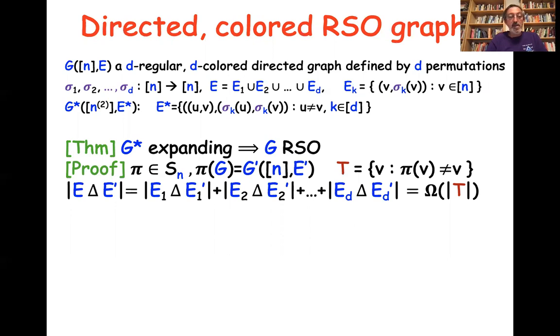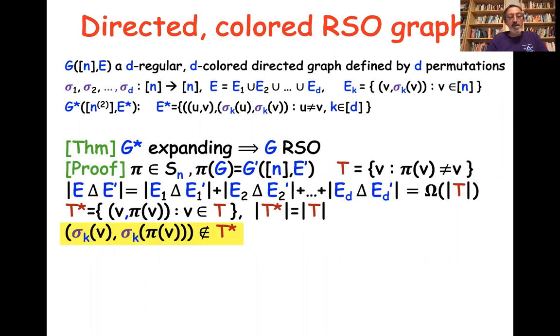So how do we do this? We look at another set, a set in G star. This is a set that is simply the pairs V, pi of V. They are not edges of the original graph. It's just a set of pairs, right? Obviously, for every V that is in T. So it's the same size as T, and now let's see what happens to it.